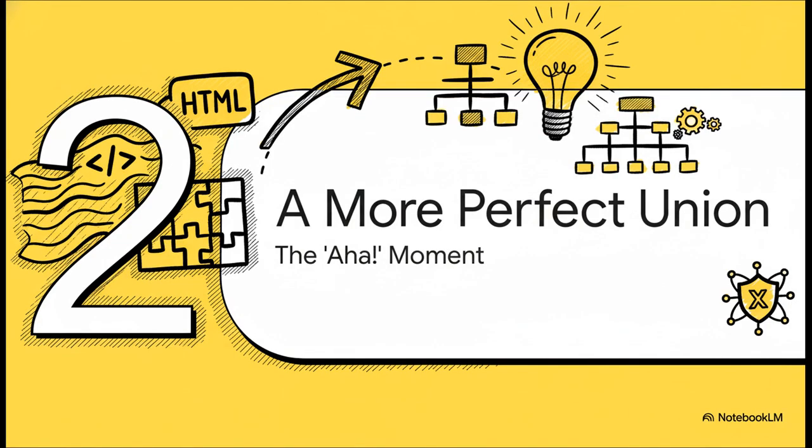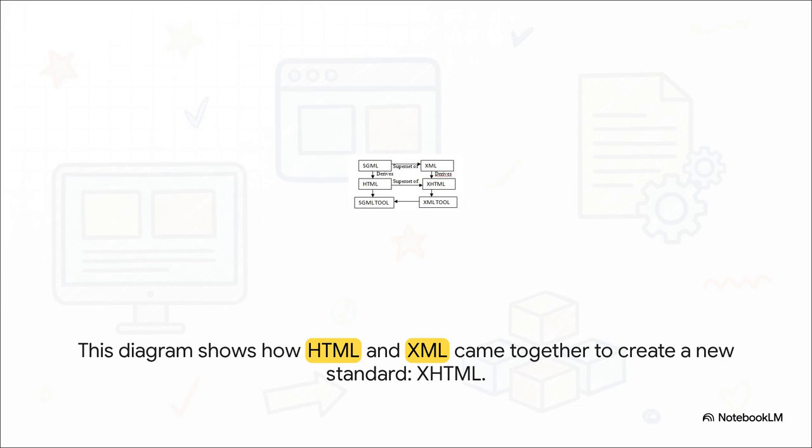So the really big question became, what if you could combine the display power of HTML with the meaningful structure of XML? Well, the answer turned out to be yes, and this simple but really powerful idea was XHTML. You can kind of think of it like a family tree, where these two powerful ideas came together.